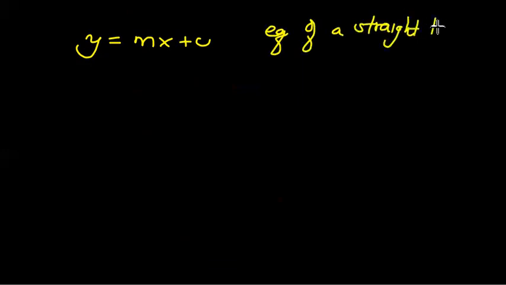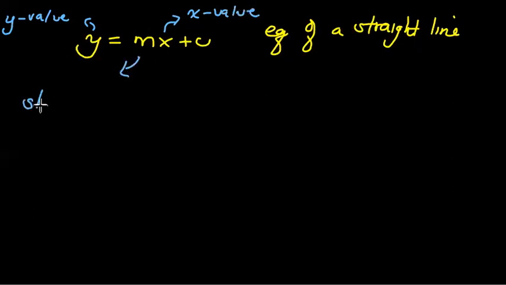You want to get that in your notebook. This is the equation of a straight line, y = mx + c, where y is your y value, x is your x value, m is your slope, and of course, you know another name for slope is your gradient, and c is your y-intercept.